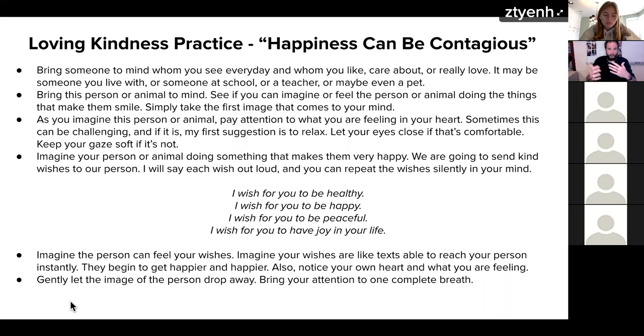We're not going for any sort of perfection here. If you bring that person to mind and you picture them doing something that brings joy to their life, notice how that makes you feel. Maybe even put your hand on your heart. If you've never done this before, be kind to yourself. This is hard.